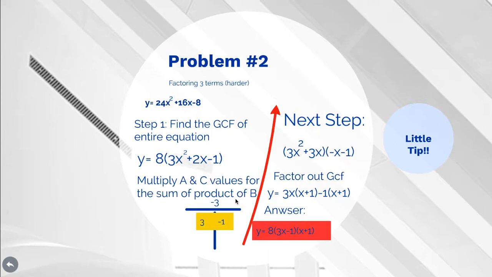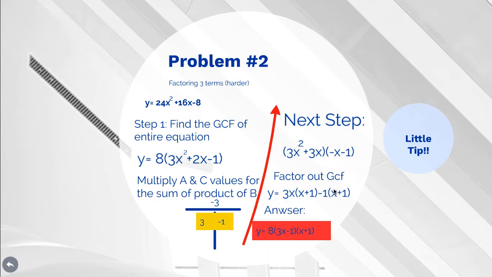Then you multiply a and c values for the sum of the product of b, which is easy. It's negative 3, so you do 3 and negative 1. The next step is 3x squared plus 3x and then negative x minus 1.